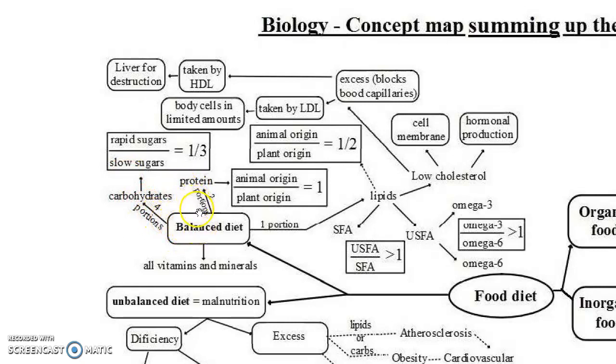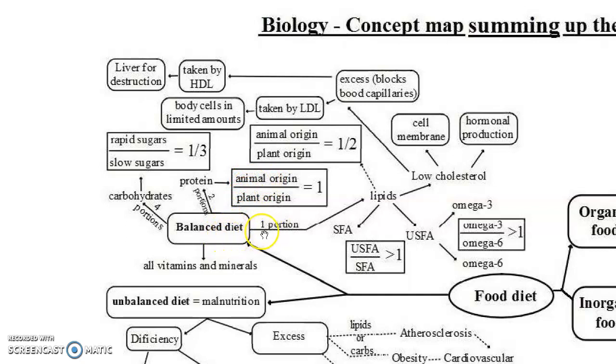As for proteins, they must be taken in two portions with respect to the four of carbohydrates, and the animal origin to plant origin ratio is equal to 1. So the amount of proteins coming from plants should be equal to that of animal origin.